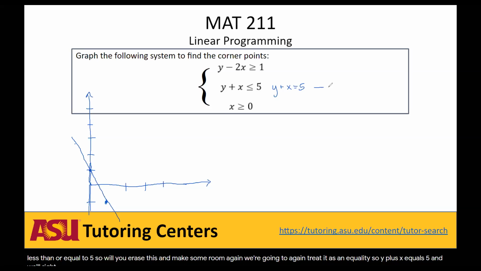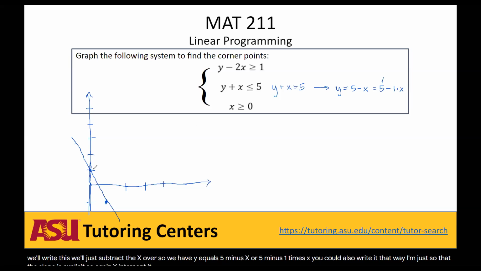We'll subtract the x over, so we have y equals 5 minus x, or 5 minus 1 times x. You could also write it that way, just so that the slope is explicit. So again, y-intercept at 5. So 1, 2, 3, 4, 5, something like that.